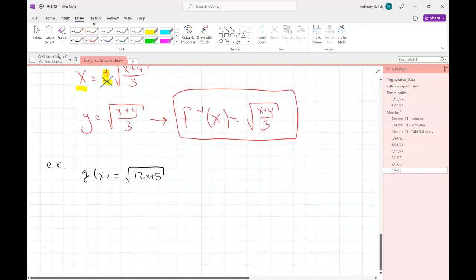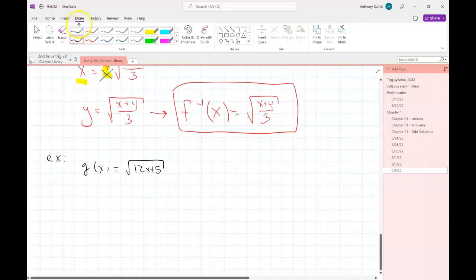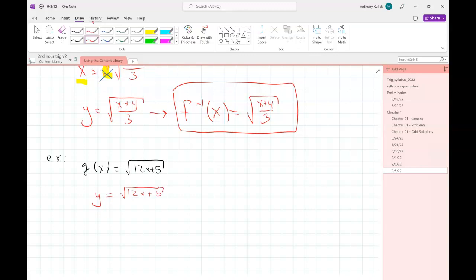So let's say we want to find the inverse for g of x equals the square root of 12x plus 5. Start the same way. Replace our function notation with y equals. Okay, now we want to get the x by itself.